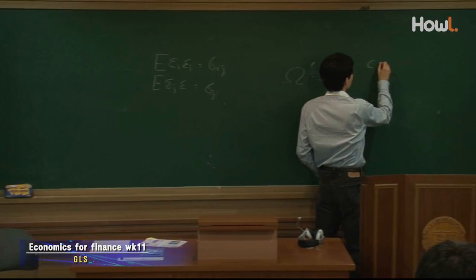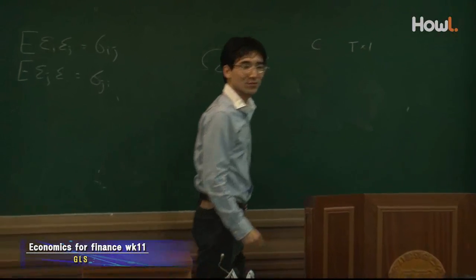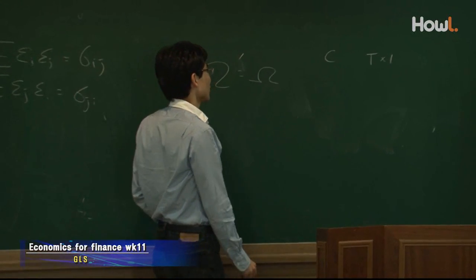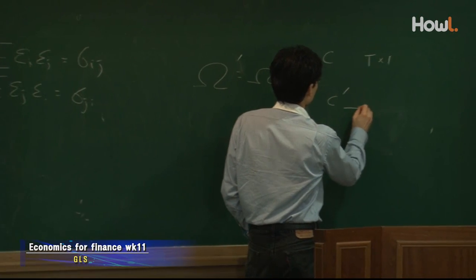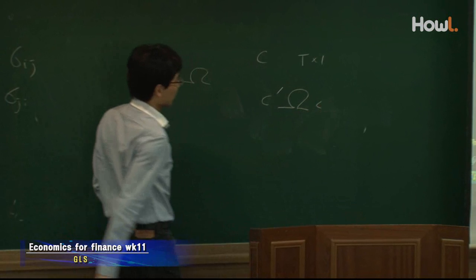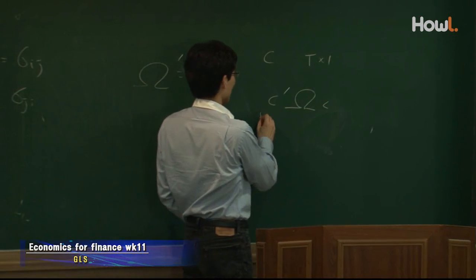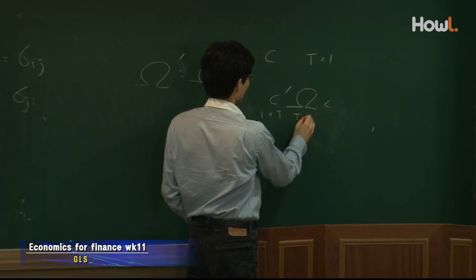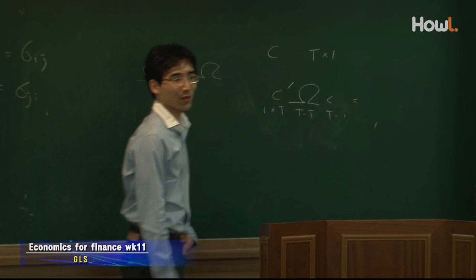So suppose C is a T by 1 factor. If we do this operation, then we will have C' Omega C, a T by T times T by 1 product, so it will be a constant, right?